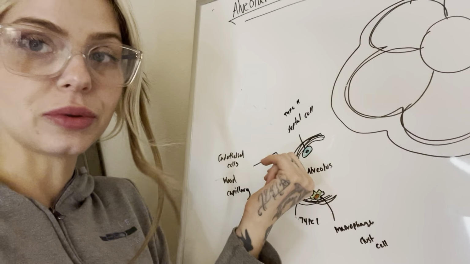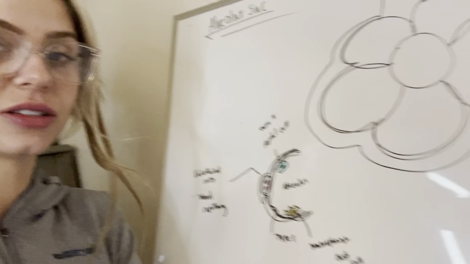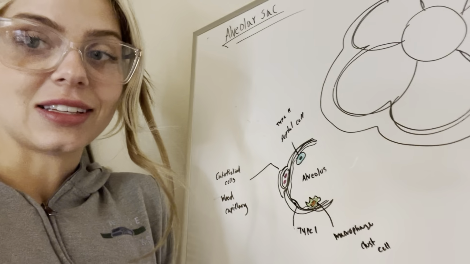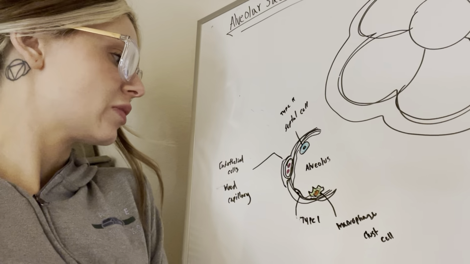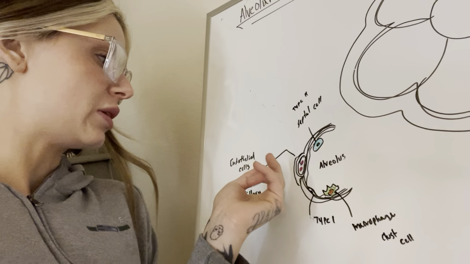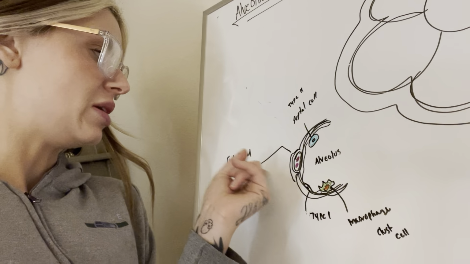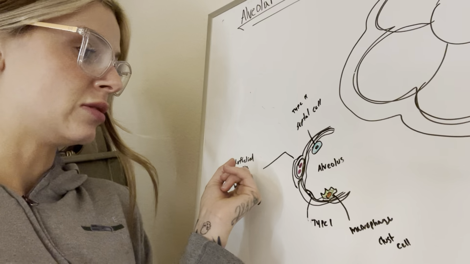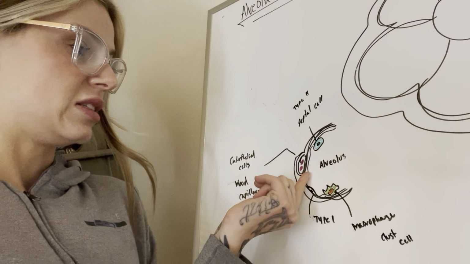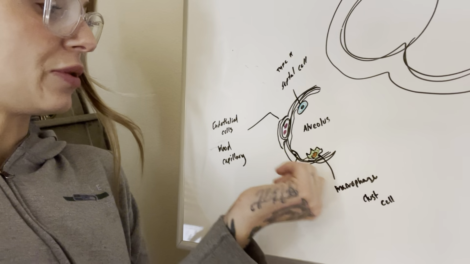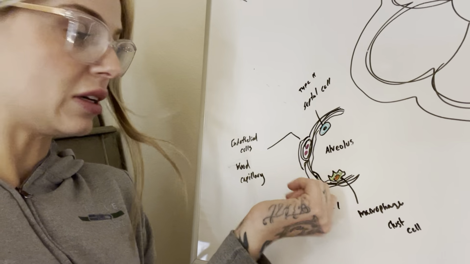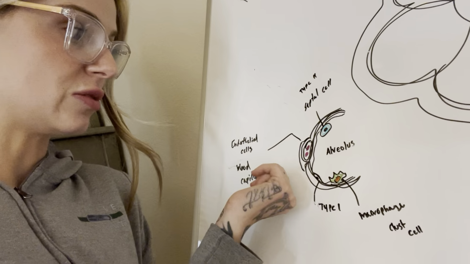As I mentioned, we have a blood capillary right here. So as you can probably guess, this is how we perform the rest of our respiration. The blood capillary is actually made of endothelial cells, and it's very thin between the epithelial cells of the alveolus and the endothelial cells of the blood capillary.